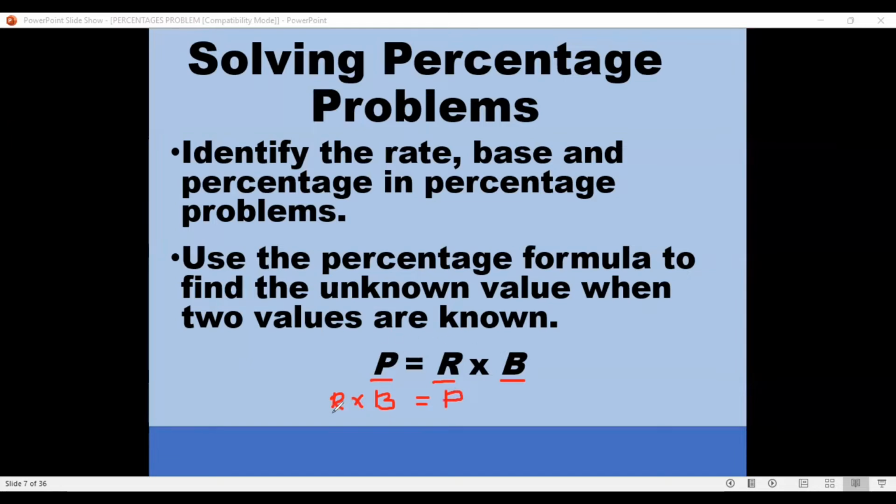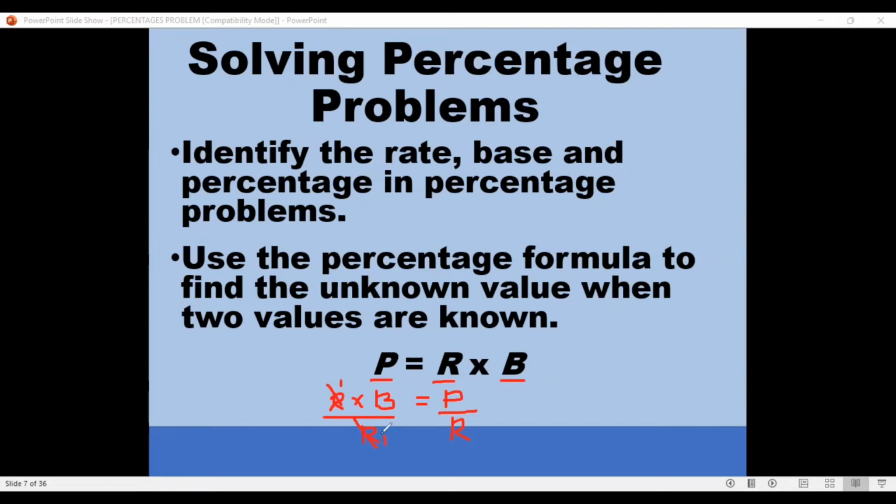Now, what we want is to find the base. Therefore, I will divide both sides by the letter R, or the rate. R divided by R: if you divide two numbers which are the same, like 10 over 10, 5 over 5, 7 over 7, or even a million over a million, the answer is 1.